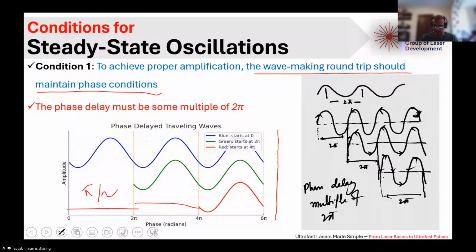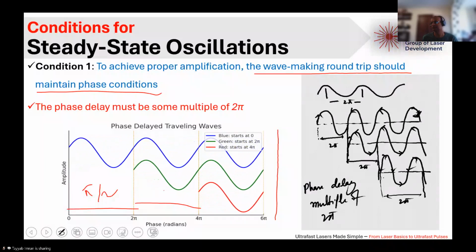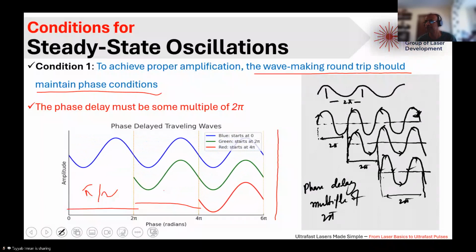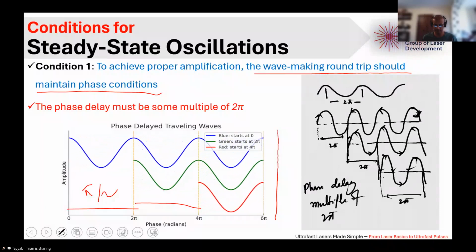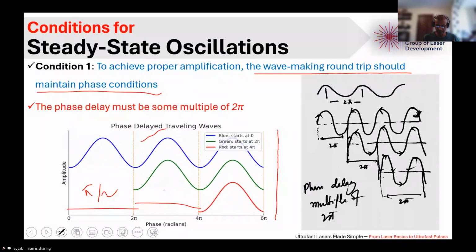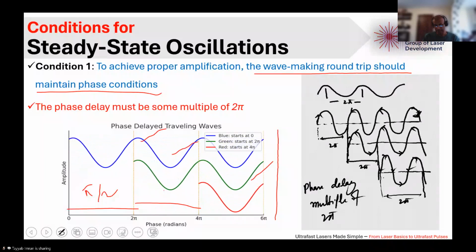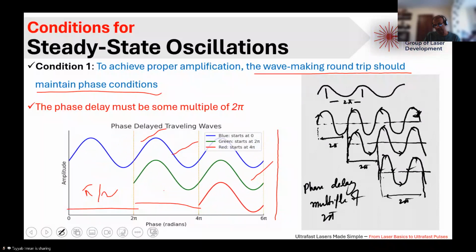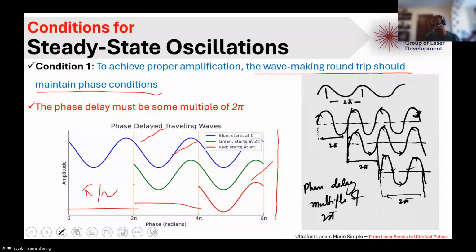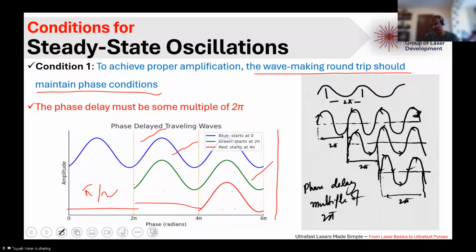When you have trough to trough, crest to crest, it means the waves are interfering constructively. Like here, this wave is interfering constructively, and this one with this one. It started after a 2 pi delay, but is in phase with the first wave, and the third one after 4 pi is still in phase with the second and the first.